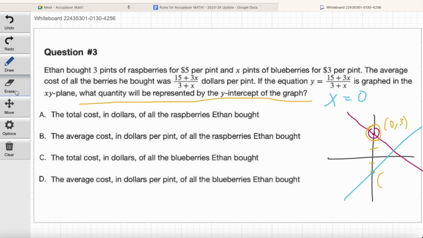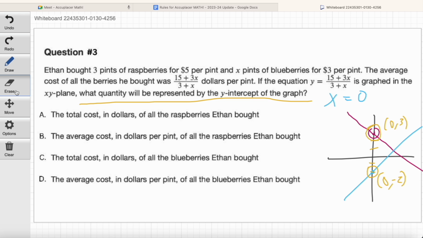And let's say that's the point (0, -2). The x value there is also 0. You draw any line, and if it goes through the y-axis, the x value at the y-intercept is always 0. It doesn't matter what line it is. It has to be the case. Does that make sense?